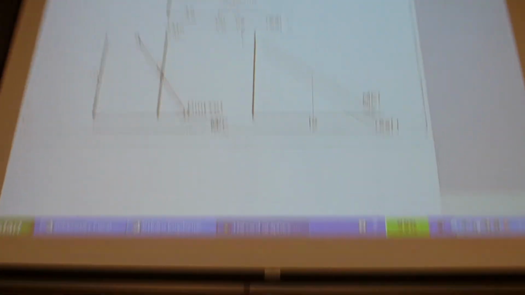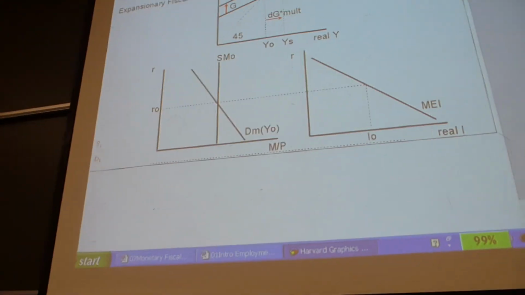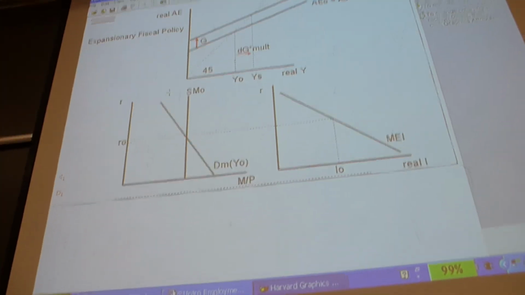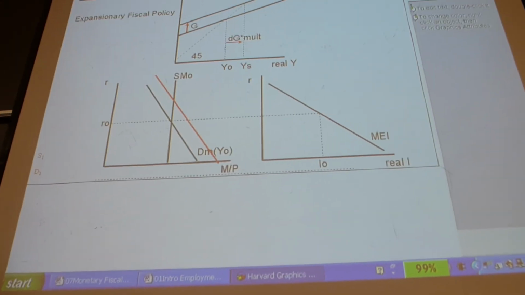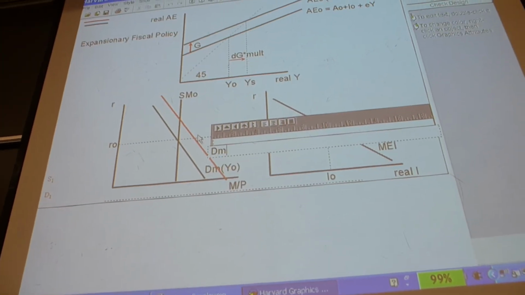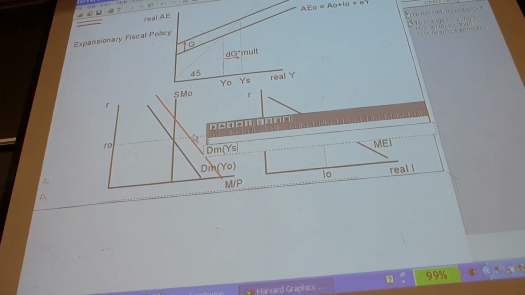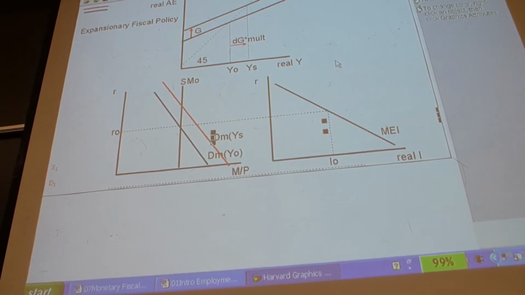So the demand for money goes up. We'll just do it like this. Now let's designate this as the demand for money at YS, right? So demand for money goes up. The economy is expanding. The public wants more money. There's not enough money. There's no new money.